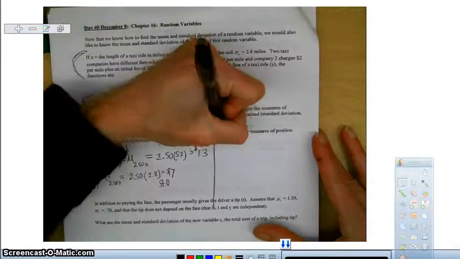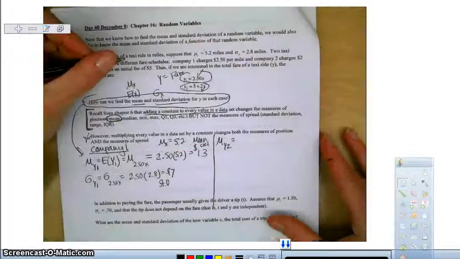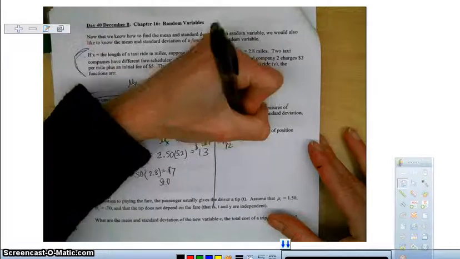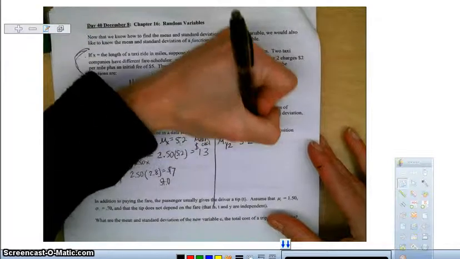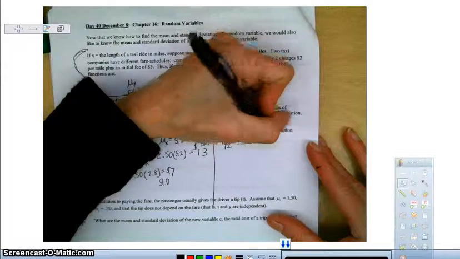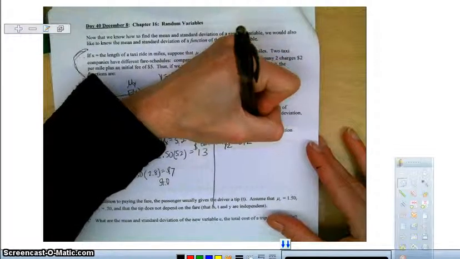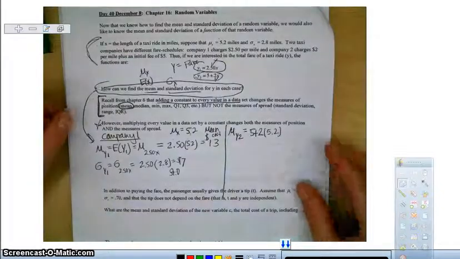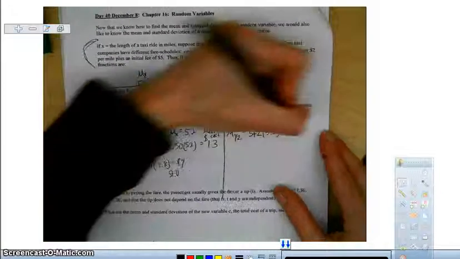So now the mean for company 2 would be 5 plus 2 times the mean for company 1, or 2 times 5.2. So what's that?